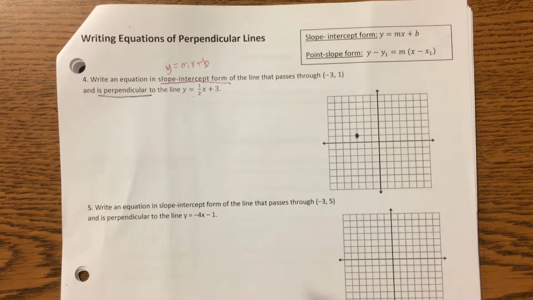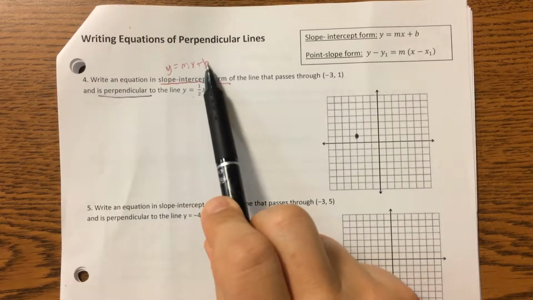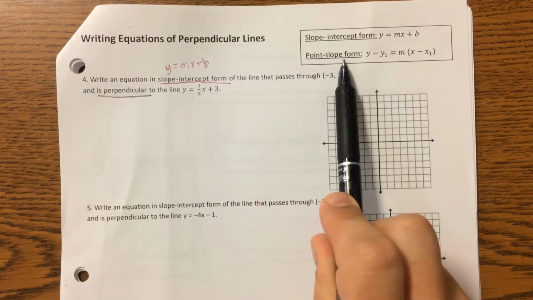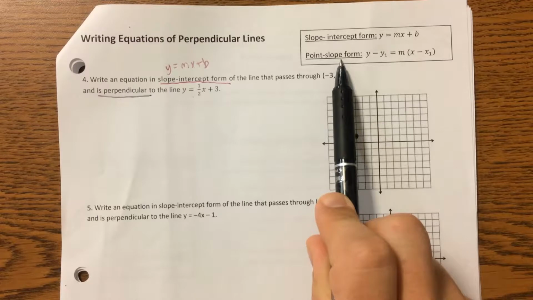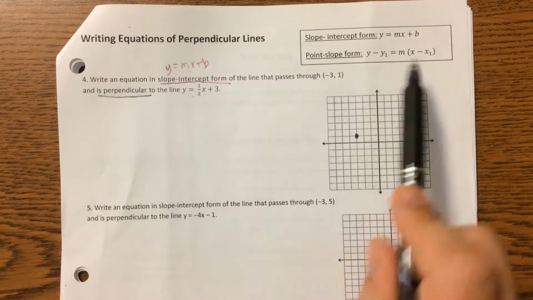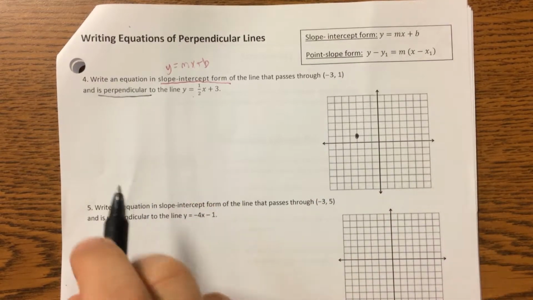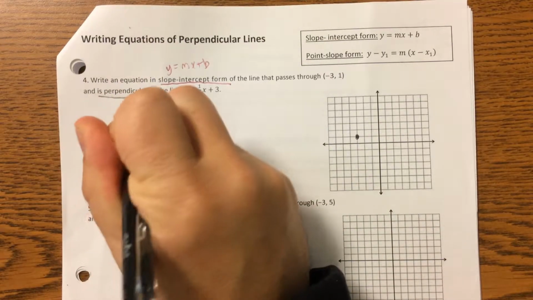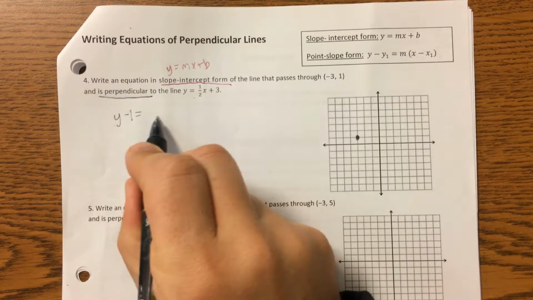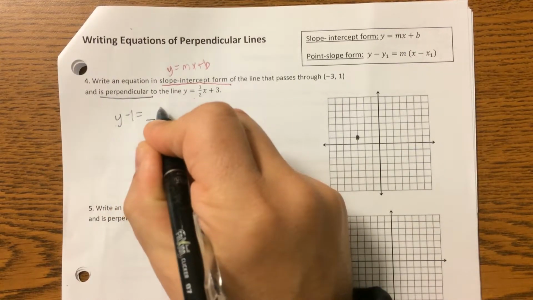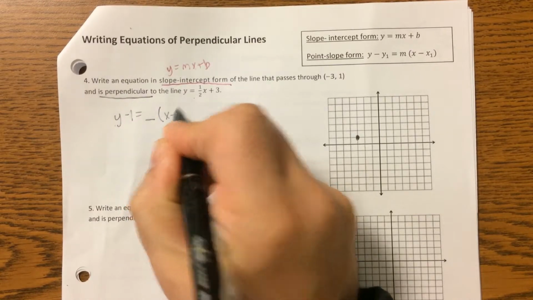Because we don't know the y-intercept, this b value, we'll put it into point-slope form first, and then manipulate it into slope-intercept form. We've got this (x1, y1), that's the (-3, 1). So y minus 1 equals, I'll leave the slope blank for a minute, times x minus x1.